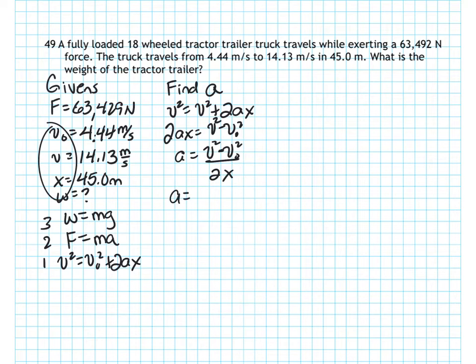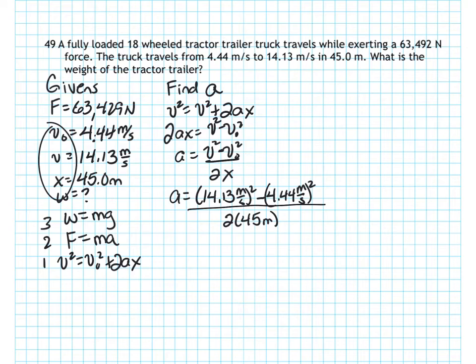So the acceleration is the final velocity, 14.13 meters per second, squared, minus the initial velocity, 4.44 meters per second, squared, all divided by 2 times 45 meters.